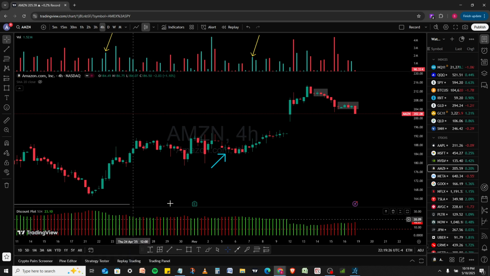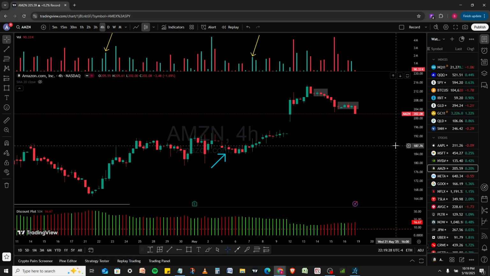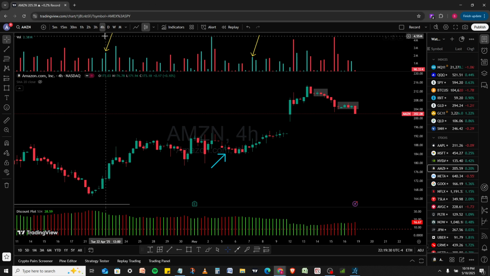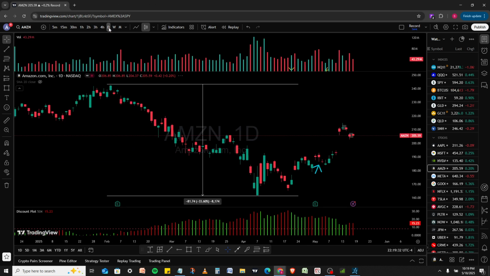Let's look at the daily chart to figure out what possible levels we could see on the downside. This is the daily chart. Each bar marks a daily candle. As you can see, we gapped up from 9th May to 12th May over the weekend for almost an 8% move.